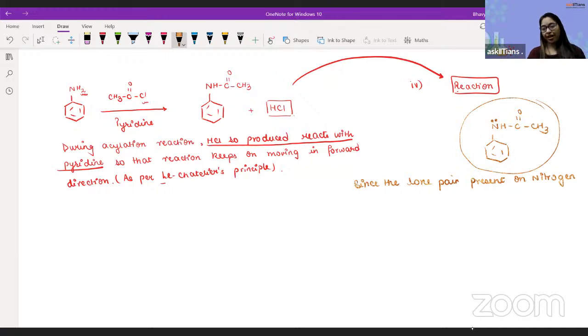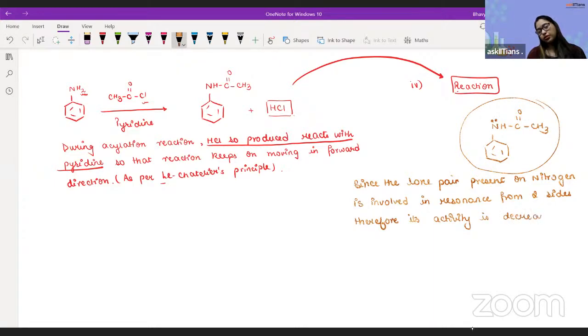Since the lone pair present on nitrogen is involved in resonance from two sides, therefore its activity is decreased.